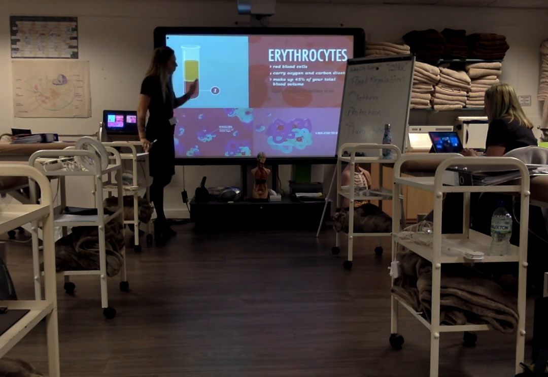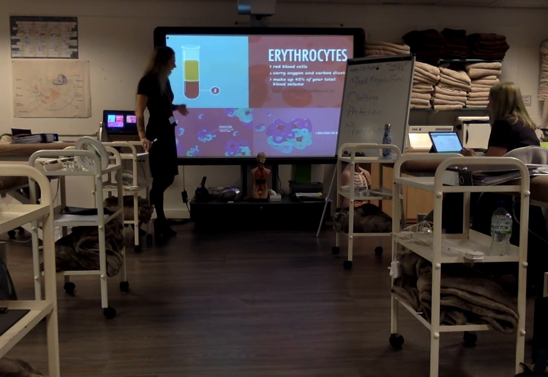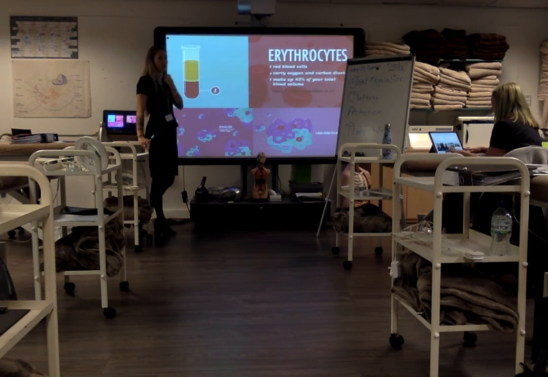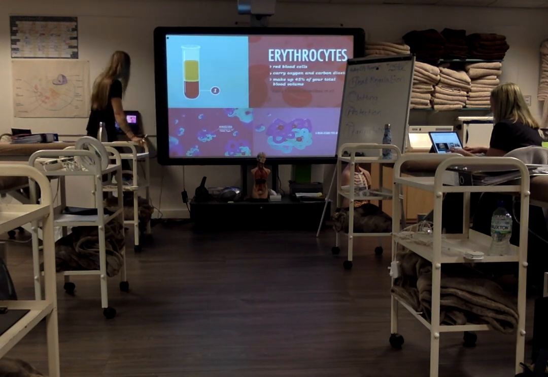You've got 4 atoms per molecule. You don't need to know that, but just so you're aware, it's the hemoglobin, that protein molecule, that is holding on to the oxygen. It's not the whole of the erythrocyte itself, it's the hemoglobin. Your red blood cells are absolutely packed full of hemoglobin molecules.